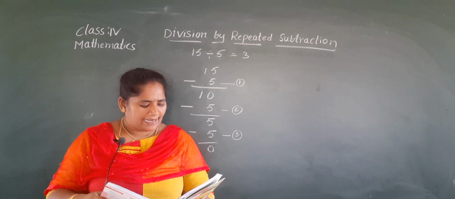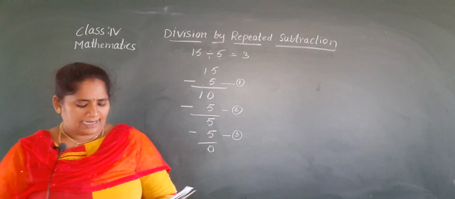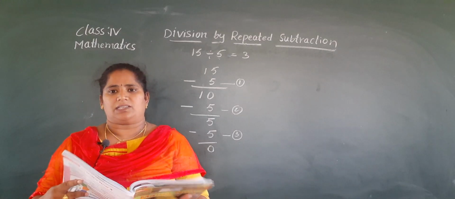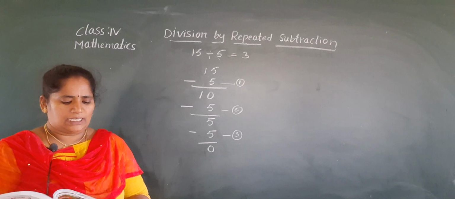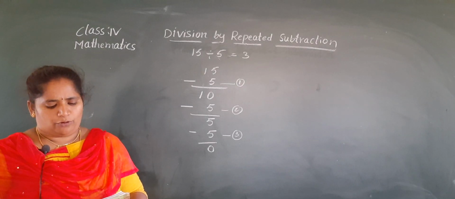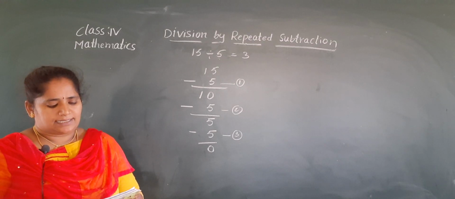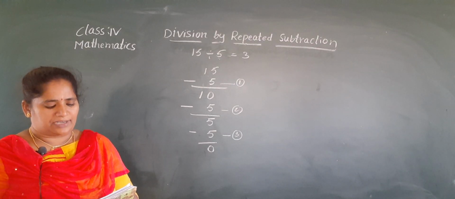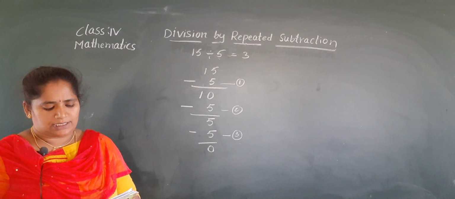And division by long division method. Here it is given. Open page number 64, all of you. A teacher wants to give 4 notebooks to each student in her school. She has 6,475 notebooks. How many students will get the notebooks and how many notebooks will be left?